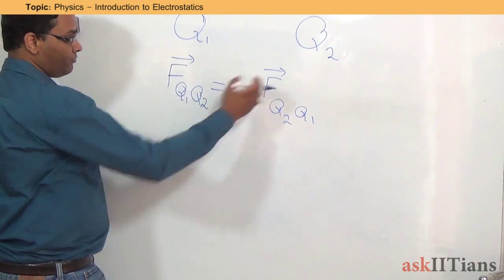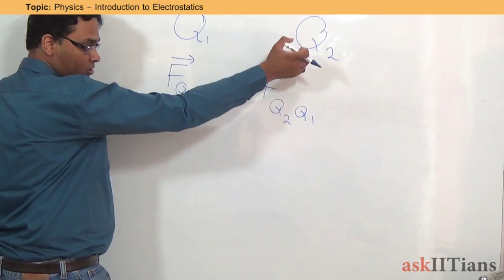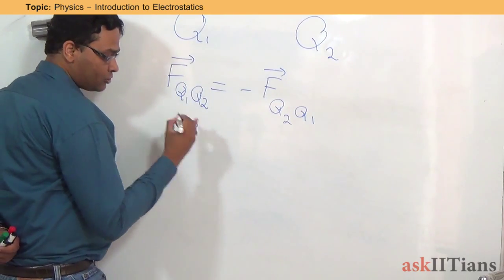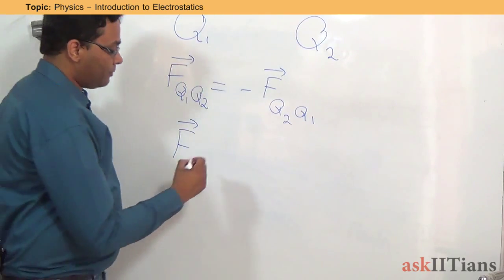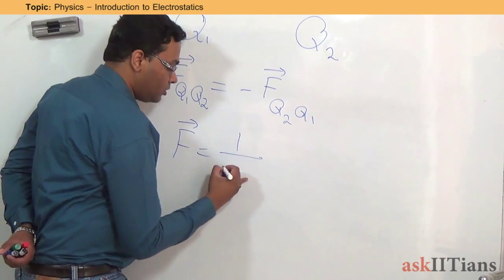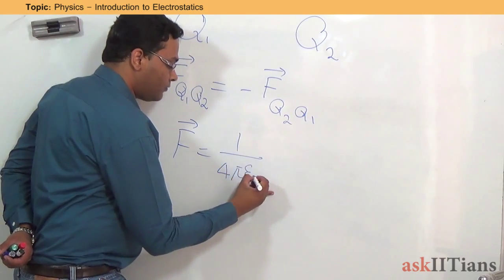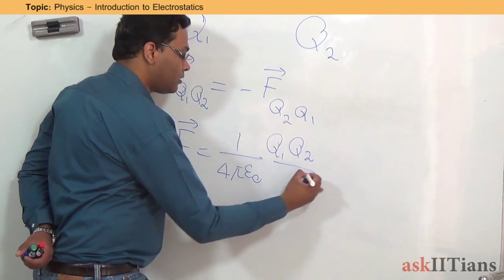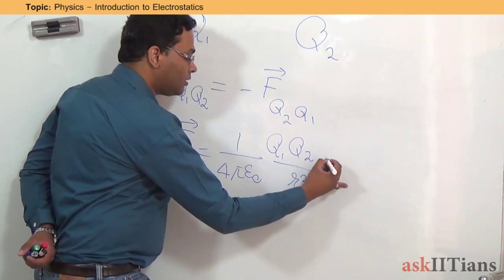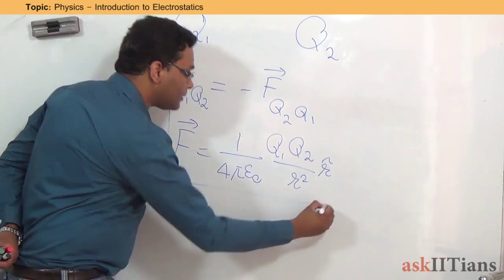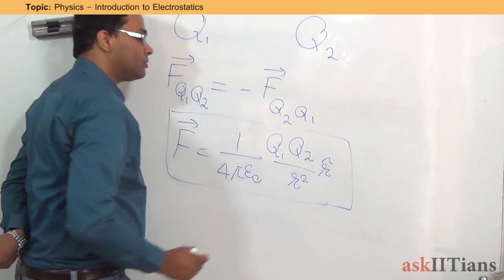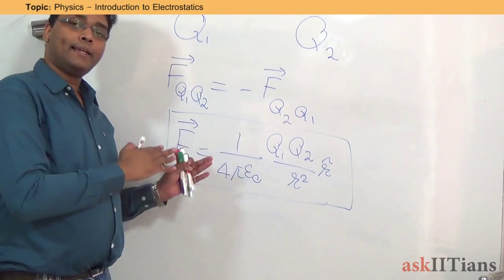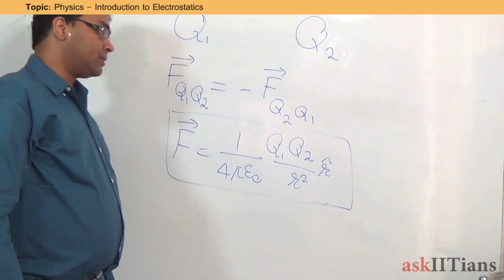Therefore, the general expression of the force is going to be given by the relation 1 over 4 pi epsilon naught, Q1 Q2 upon R square, with the unit vector R cap. So this tells you about the direction of the force. This is the complete expression of the force, right?